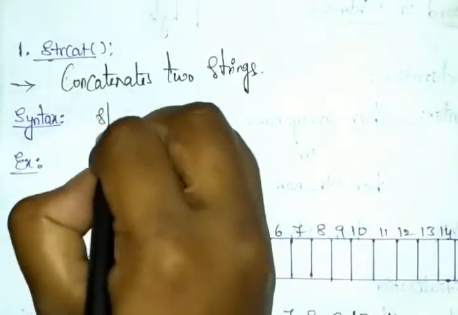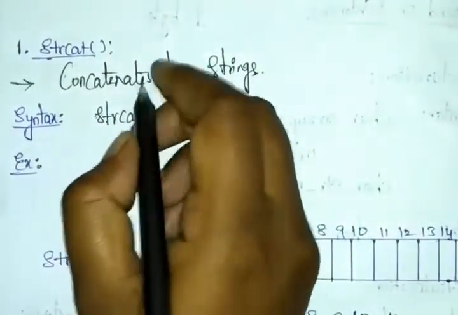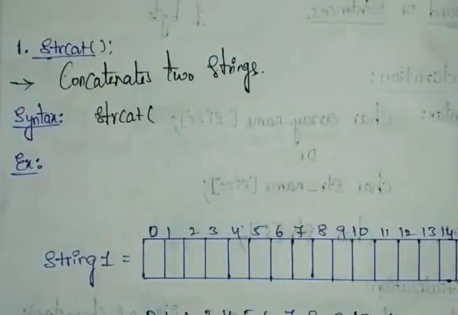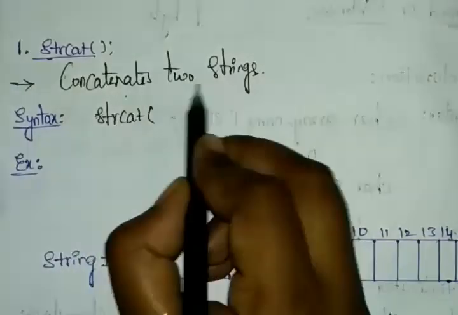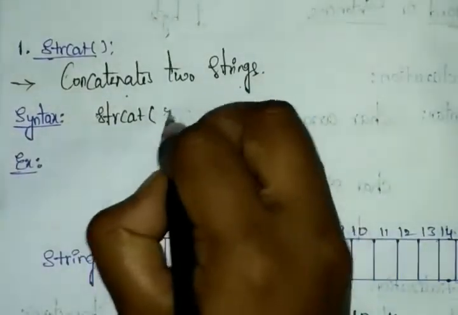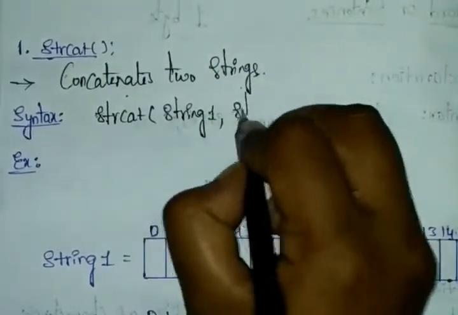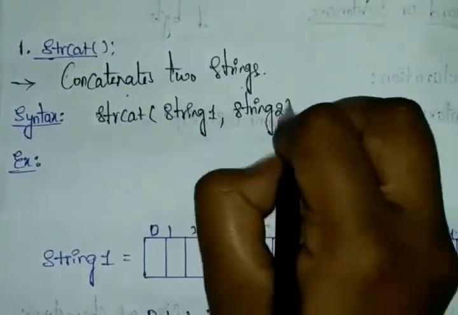Here we have strcat, which you can write as strcat. After that, in the function we add the two strings. How do we perform it? We concatenate the two strings. For that, I am choosing string1 and string2.